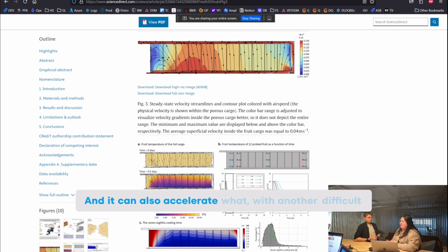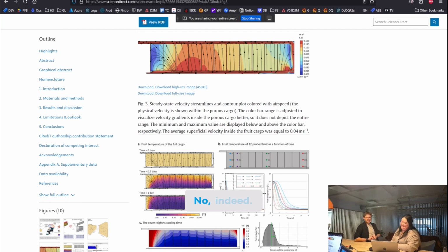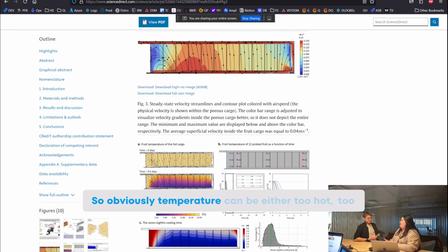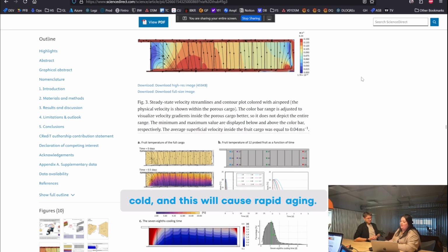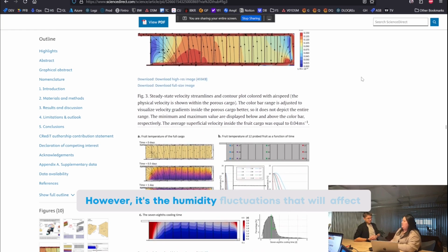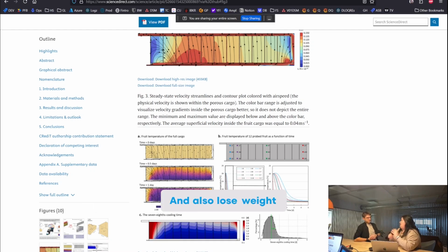And it can also accelerate what, with another difficult word, is described as senescence, and that's basically aging. So I didn't hear anyone at Fruit Logistica talking about senescence. No, indeed. So obviously, temperature can be either too hot, too cold, and this will cause rapid aging. However, it's the humidity fluctuations that will affect moisture loss, and that will make your fruit shrivel and also lose weight by the time it arrives.